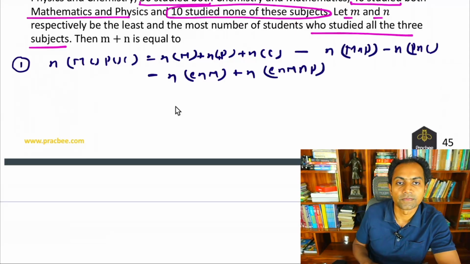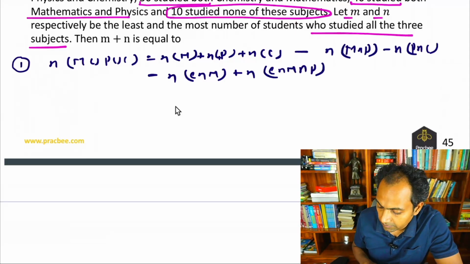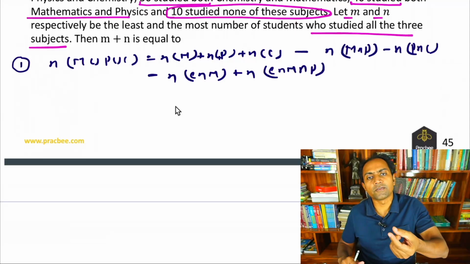This is what we have. Now we will use this along with our Venn diagram to get the answer.